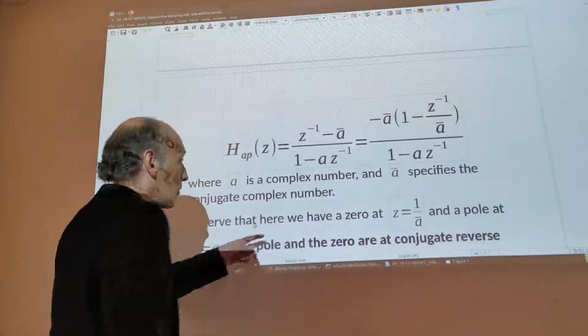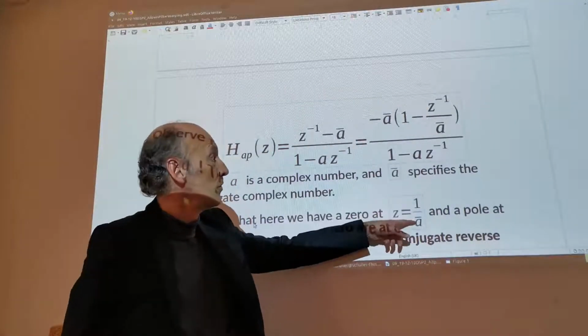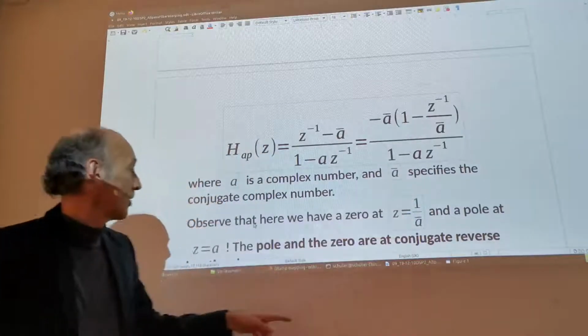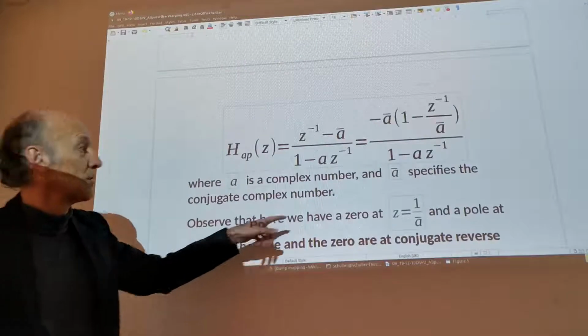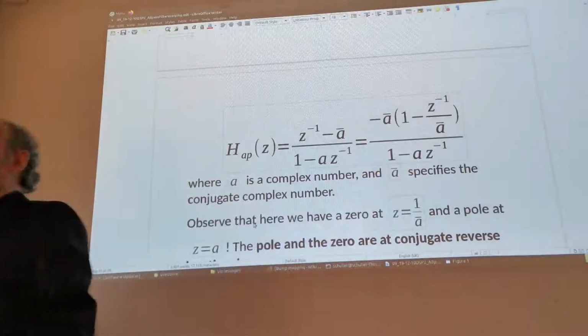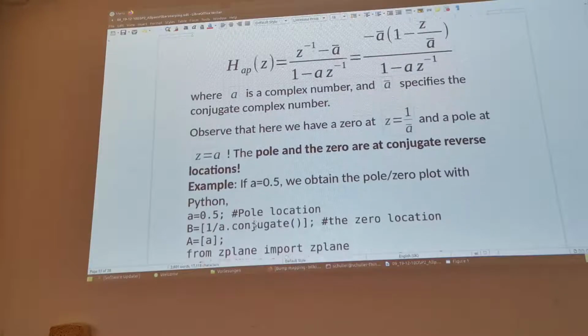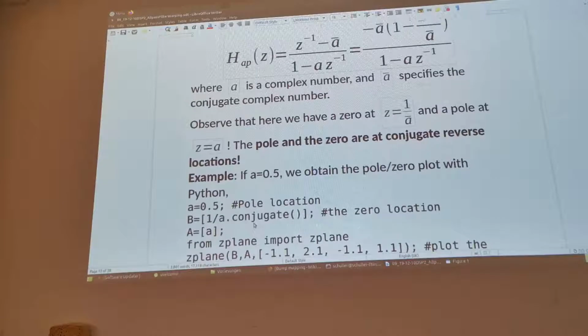We have a 0 at Z equals 1 over A bar, conjugate complex, and you have a pole at Z equals A. So when you do this flipping of the coefficients, you get the poles and the zeros at conjugate reverse locations.